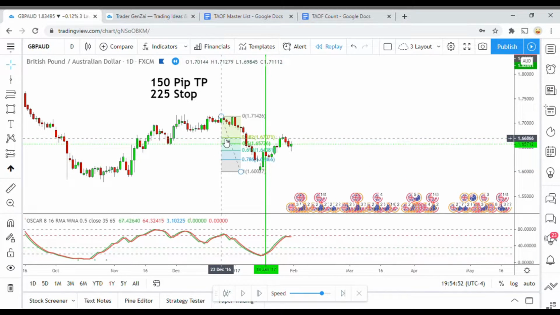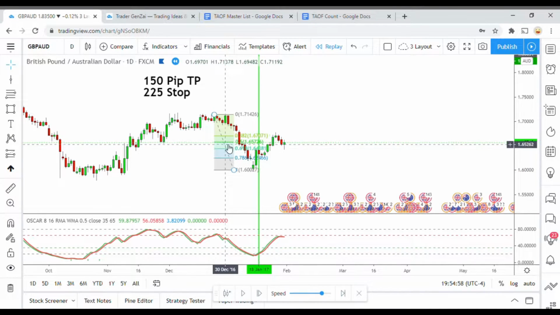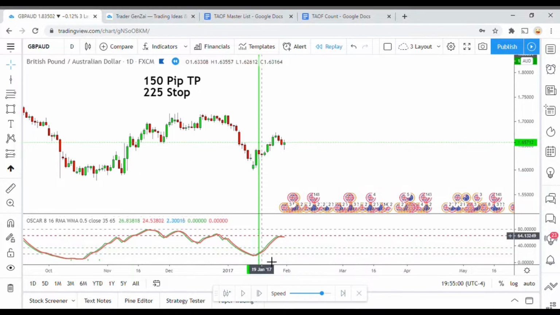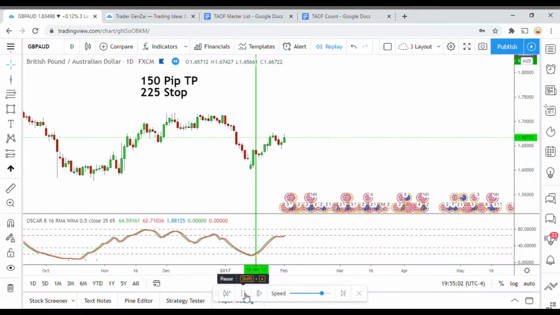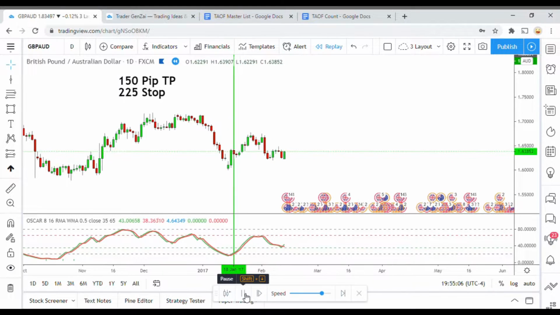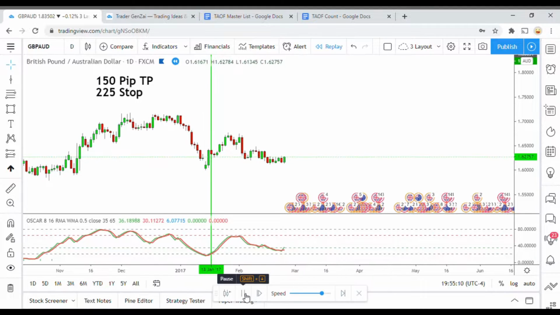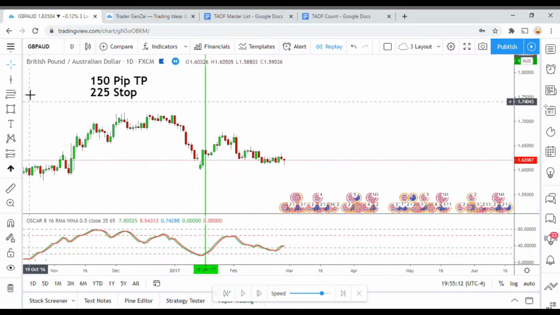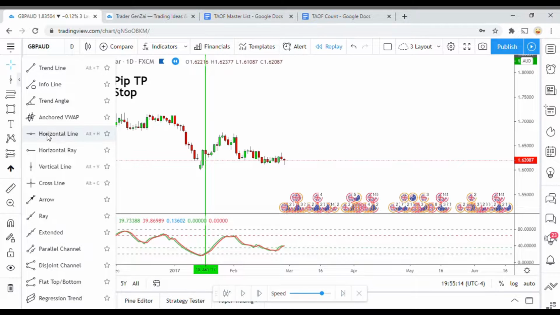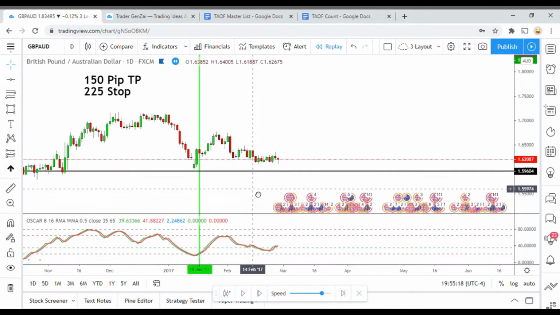It came up, bounced off of the 882 fib and is now pulling back off that area. Let's see what it does. It reversed, bounced down pretty hard. It's now running back into this area here that it was on.